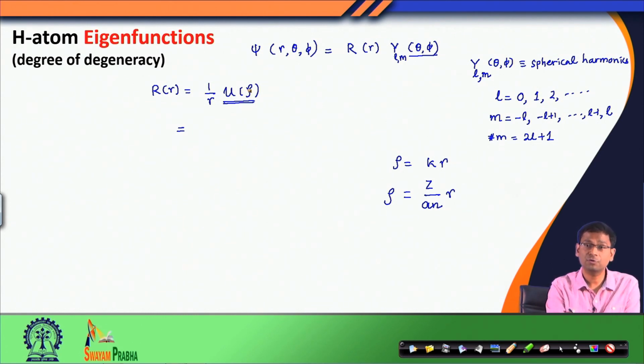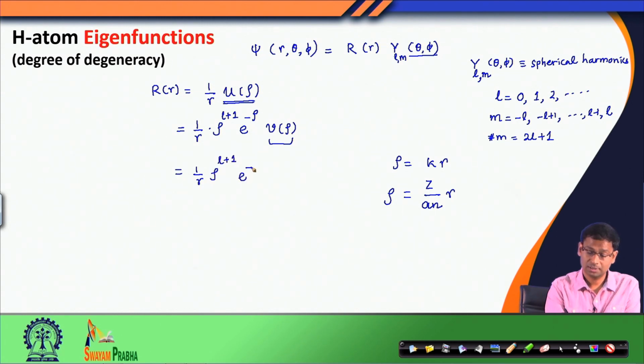If you remember, we derived the form of u by looking at its asymptotic solution at low values of r, at very high values of r, and the main body of the problem. So, we had rho to the power L plus 1, which is one asymptotic solution, e to the power minus rho, which is the other asymptotic solution, plus the main body of the problem which we called V of rho.